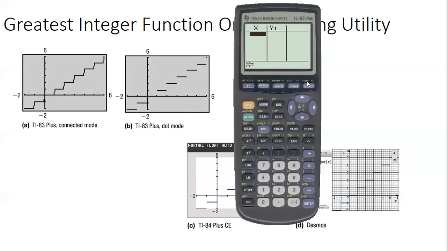So if I put in a half, what should I get as my answer? If I have a half, I should get 0 because it's going to automatically round down. If I have 0.99999, what should I get? Because it's going to round down. Okay? And that's your integer function. And again, to access it in your calculator, it's math, number, and you should see INT.